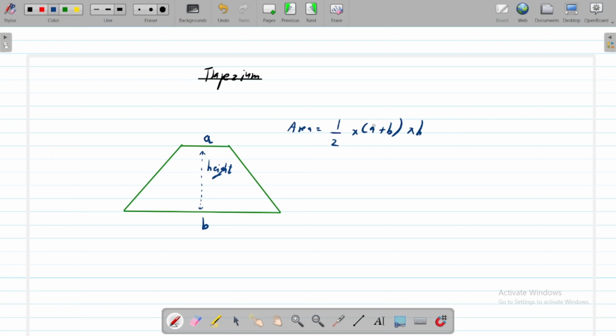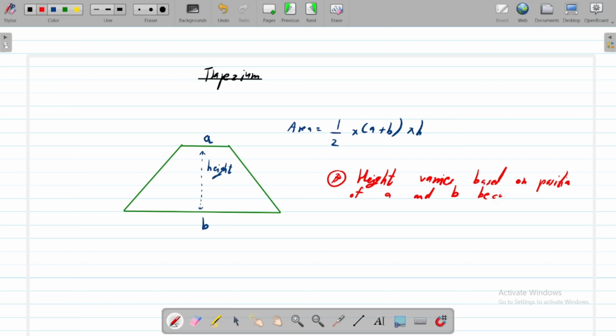Okay. Then remember, same thing here. Let me also add the rule here. Height varies based on position of A and B. Okay?